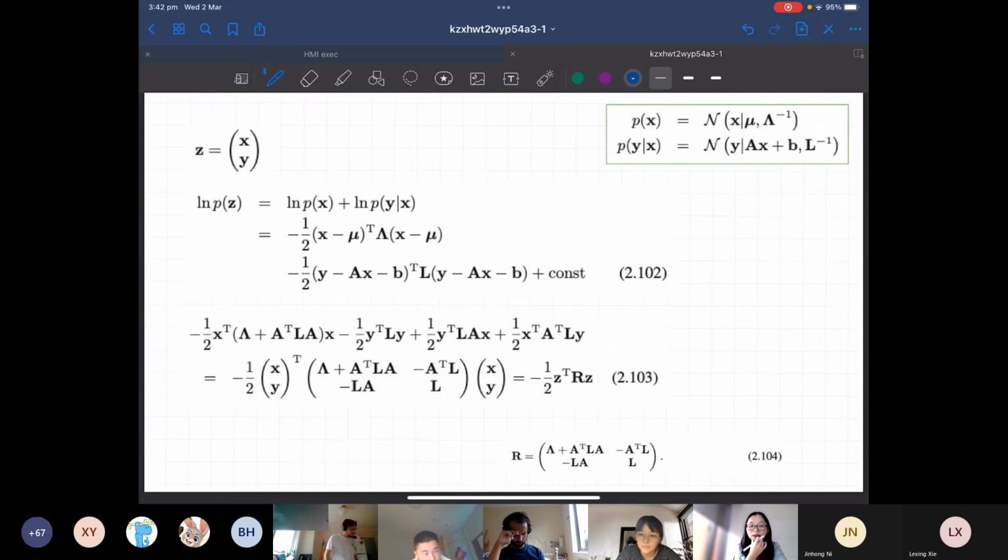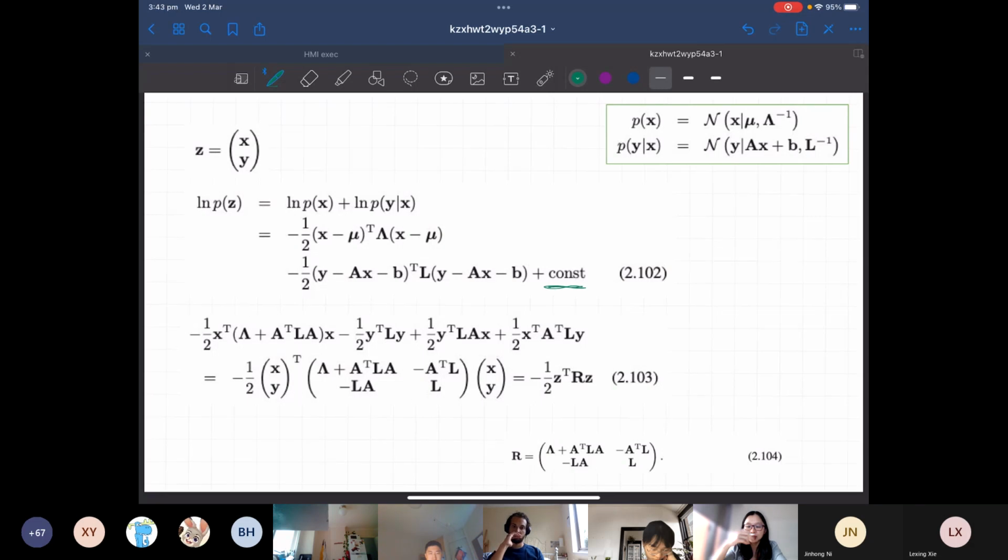So the trick now is we write the concatenated vector z, and write out Bayes' rule in log form. Here's another useful trick: when we have a multidimensional Gaussian and things like that, a lot of things become constants, and we don't need to care about them, including the normalizing term in front.